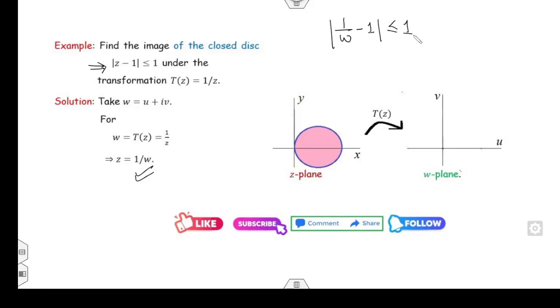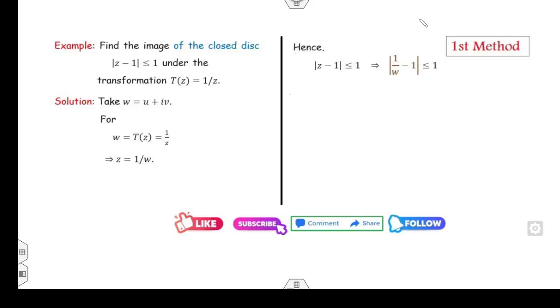Fine. So again, there are two methods to solve them. The first method is I can take the LCM. Fine. Now I can scale on both sides. I can substitute the value of w, u minus iv, which is less than u plus iv.